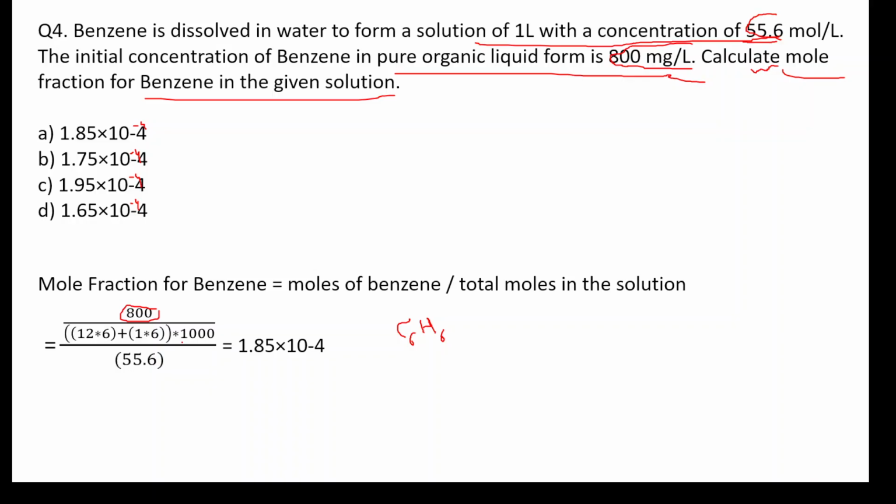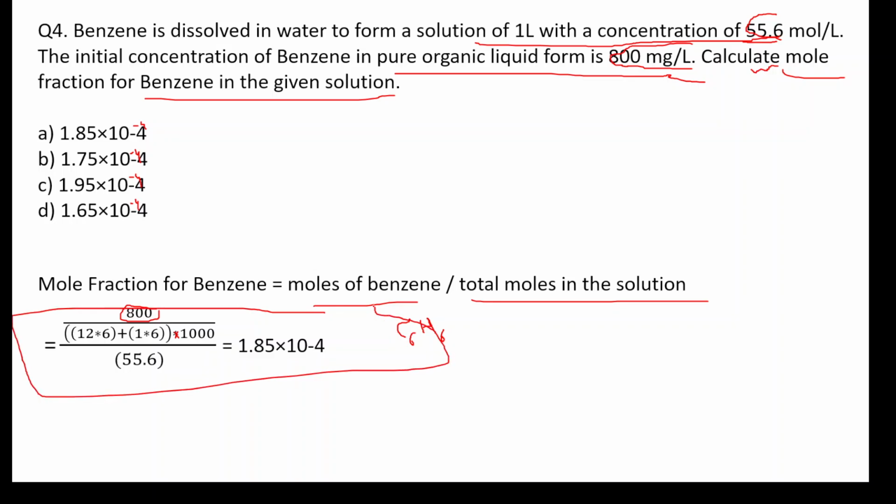And this we are multiplying to make it per liter, and divided by 55.6. So this was the total moles in the solution. Mole fraction is moles of benzene divided by total moles in the solution. So this is how we will get the mole fraction of benzene in that particular solution. So this will be 10 raised to power minus 4. Okay, please note this down. So we'll move forward to the next one.